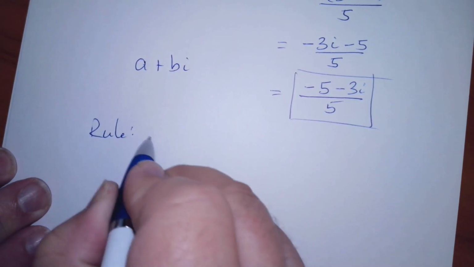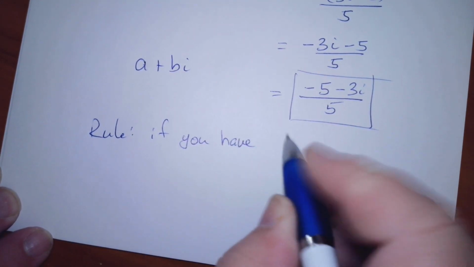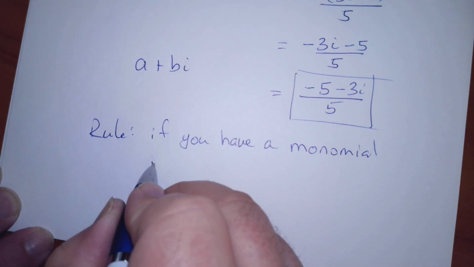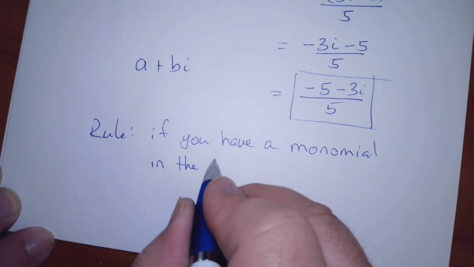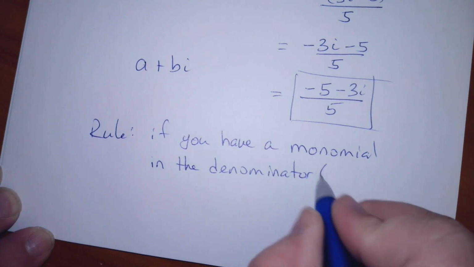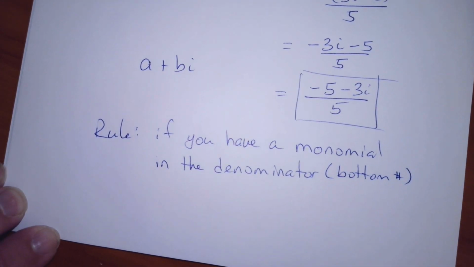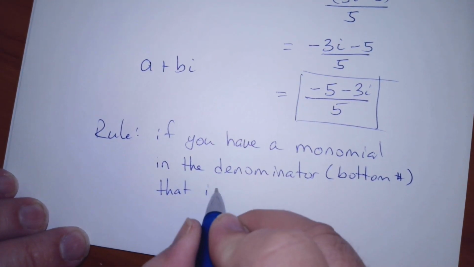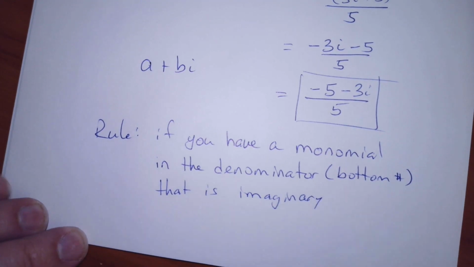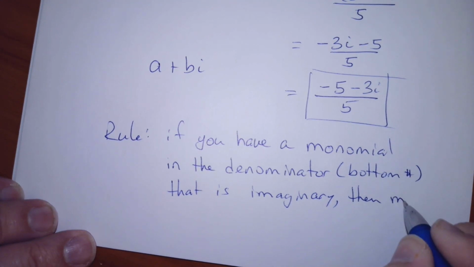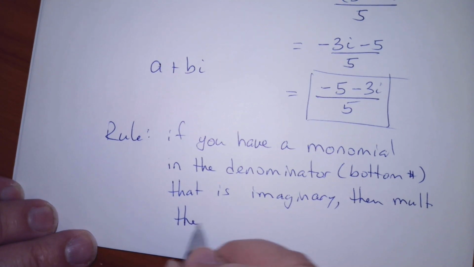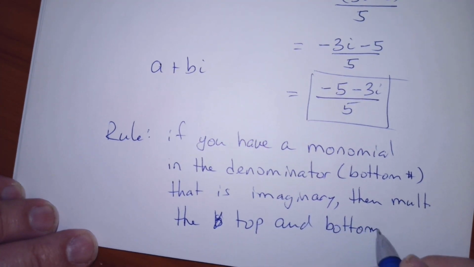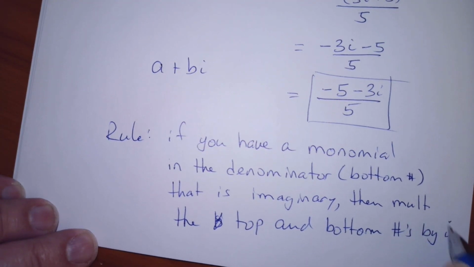So the rule here, if you have a monomial in the denominator, that's the bottom number, that is imaginary, then multiply the top and bottom numbers by i.